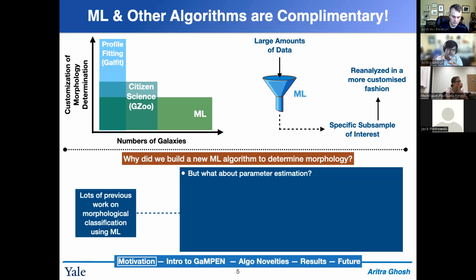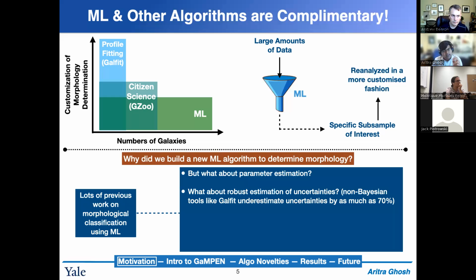So what that means is dividing galaxies into broad classes of morphology as being disk dominated, bulge dominated, or having bars and these other things. But there has been very limited work done on estimating morphological parameters. And along with estimation of parameters comes the question of estimation of uncertainties. That is, are you able to estimate the uncertainties on the predicted parameters?